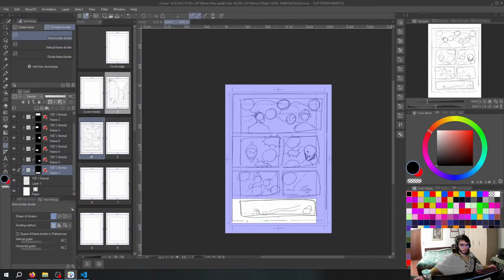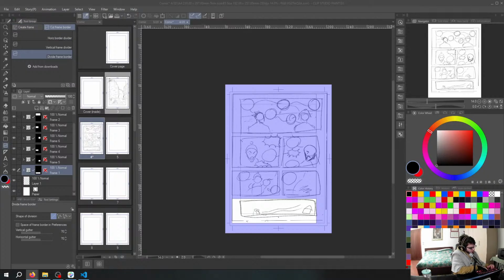Do we divide in frames or in panel or panel in? Clip Studio. Panel is a frame border too.